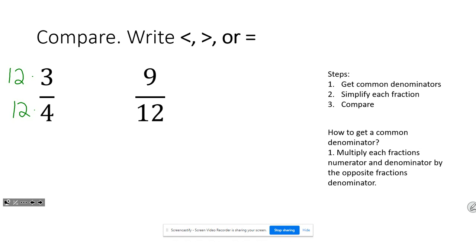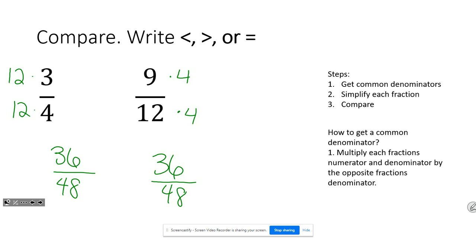And then 9/12 will get multiplied by the 4, because that's the opposite fraction's denominator. 12 times 3, we would get 36. 12 times 4, we would get 48. 9 times 4, we would get 36. 12 times 4, we already know that is 48. Which one's bigger? Neither. They are equal.